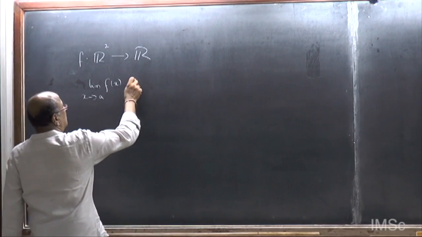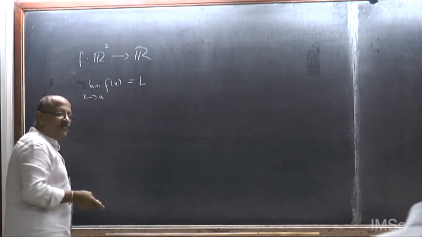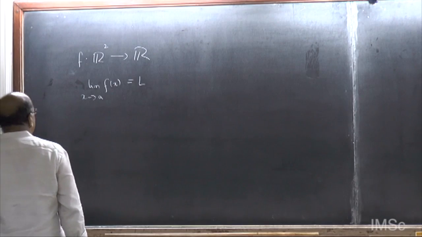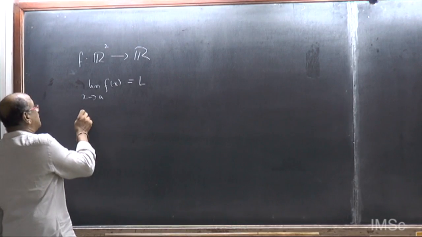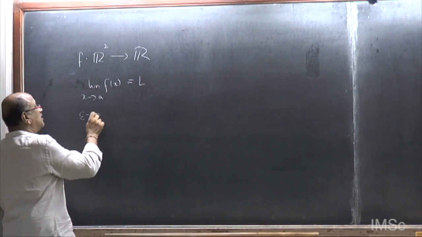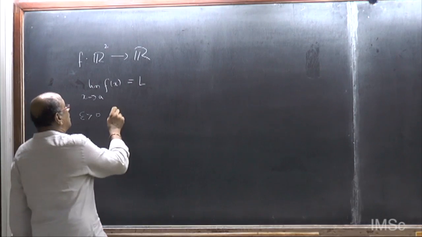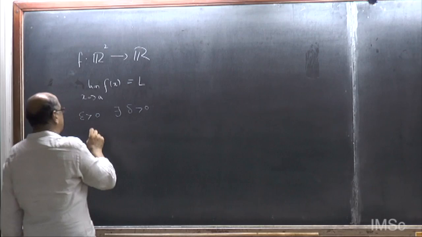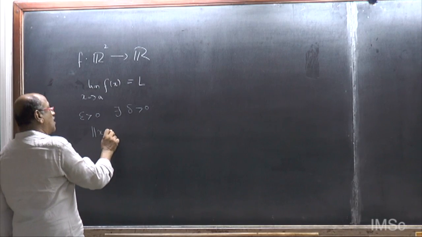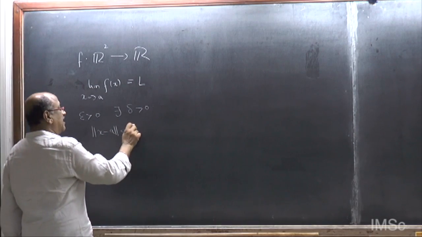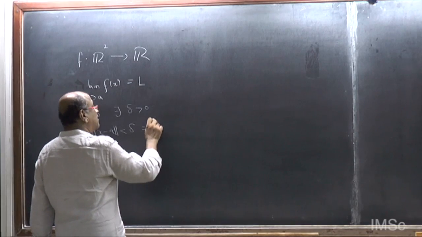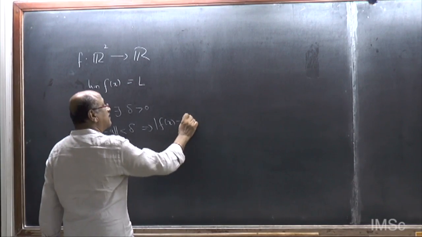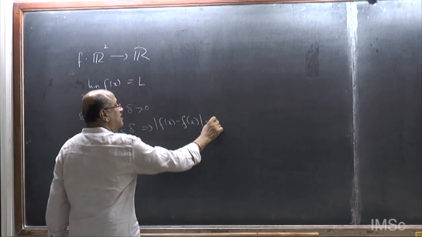When we say that this is equal to L, for the moment let us assume that it is finite, we mean that given any epsilon positive, there exists a delta positive such that norm x minus a less than delta implies mod f x minus f a is less than epsilon.